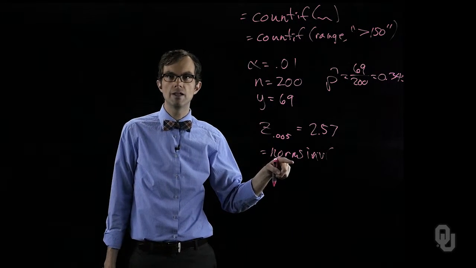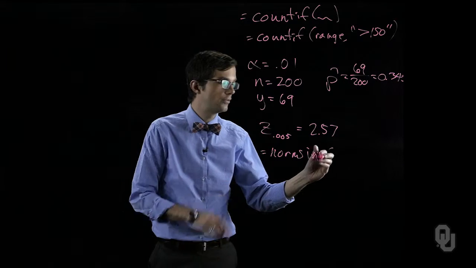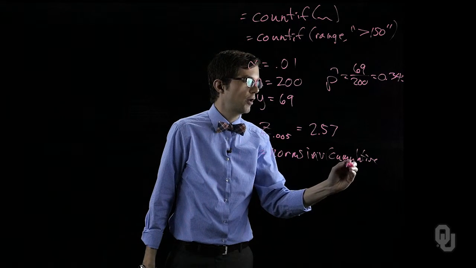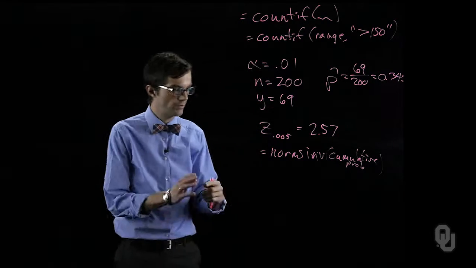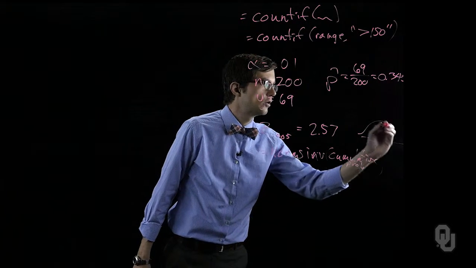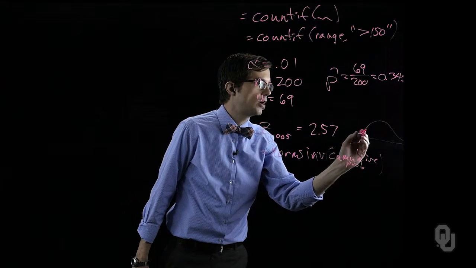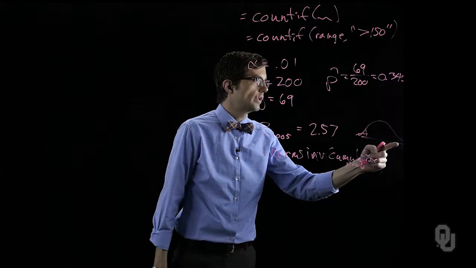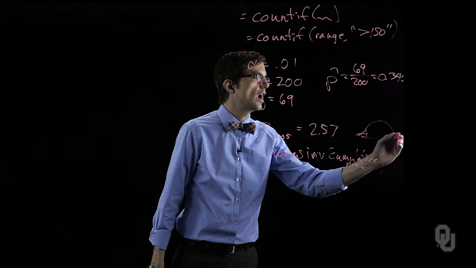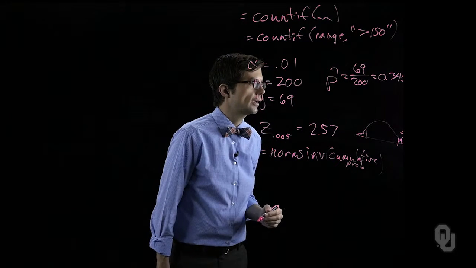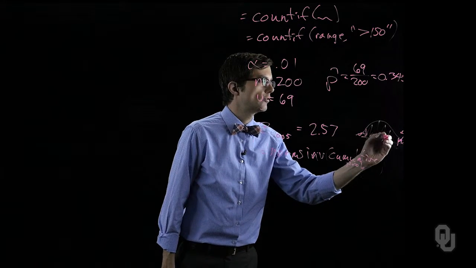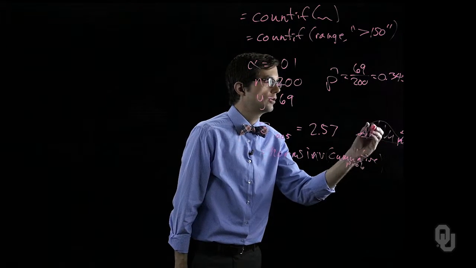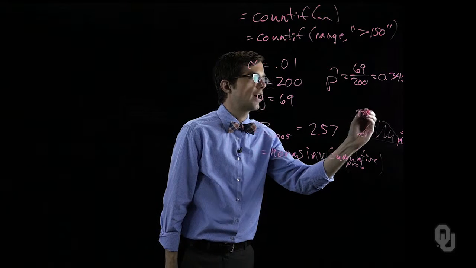And what you have to read in is the cumulative probability. That's the probability from the lower bound up to some value. So if you wanted 0.025 in the upper tail, you would need to read in a cumulative probability from negative infinity up to that value, which would be 0.975.